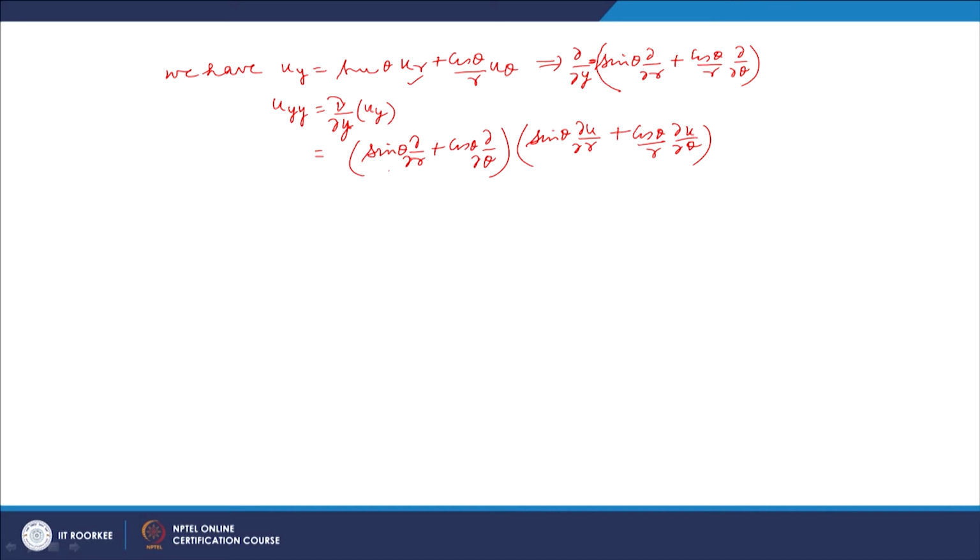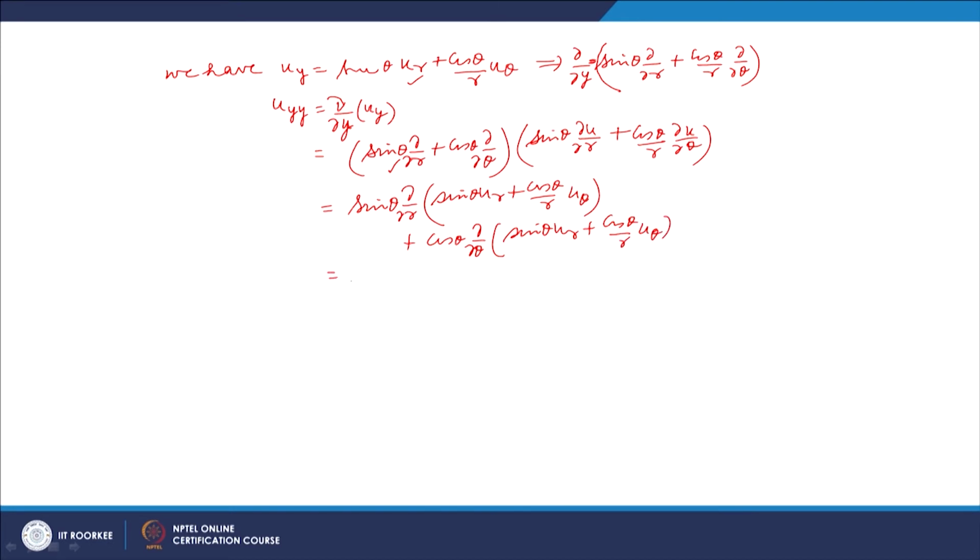We apply this first term to both the terms here. So we get sin theta del over del r of sin theta u r plus cos theta over r u theta, and then we apply the second term cos theta del over del theta to sin theta u r plus cos theta over r u theta.